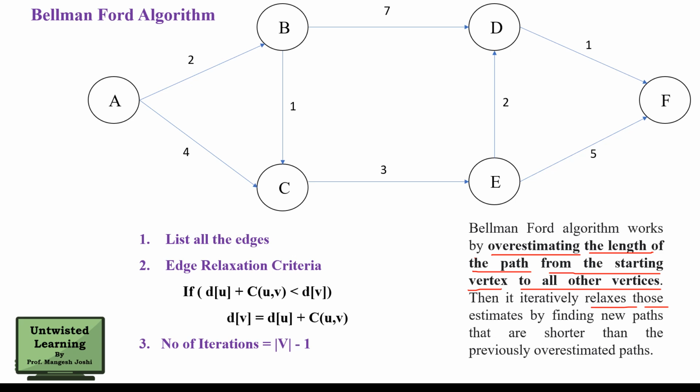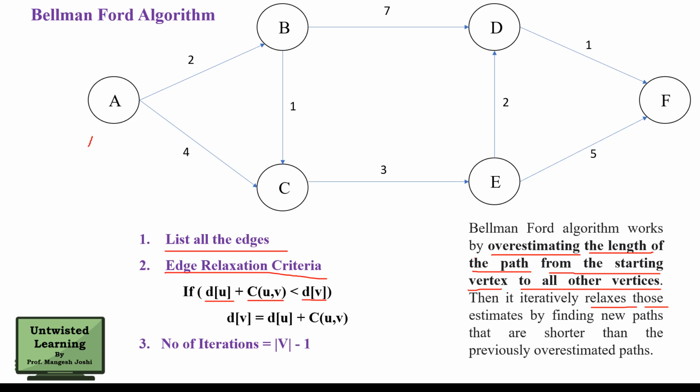The procedure for the Bellman-Ford algorithm is, first you have to list down all the edges. Then the edge relaxation criterion is, if the distance of u plus the cost associated with u and v is less than the distance of the destination v.